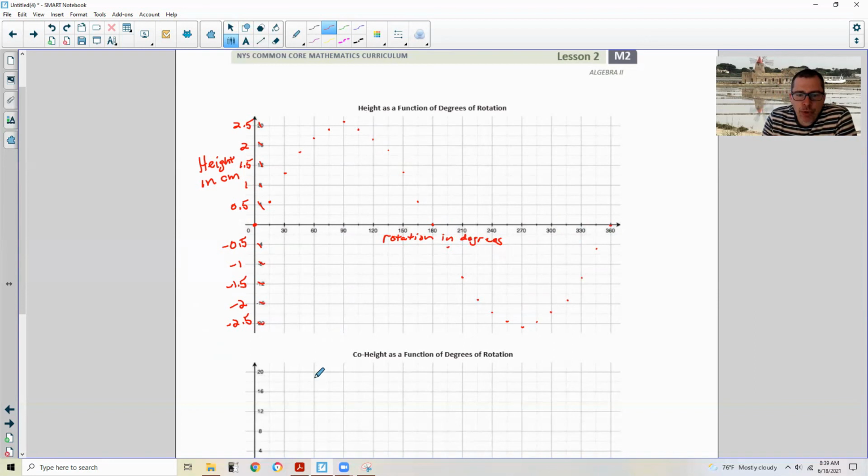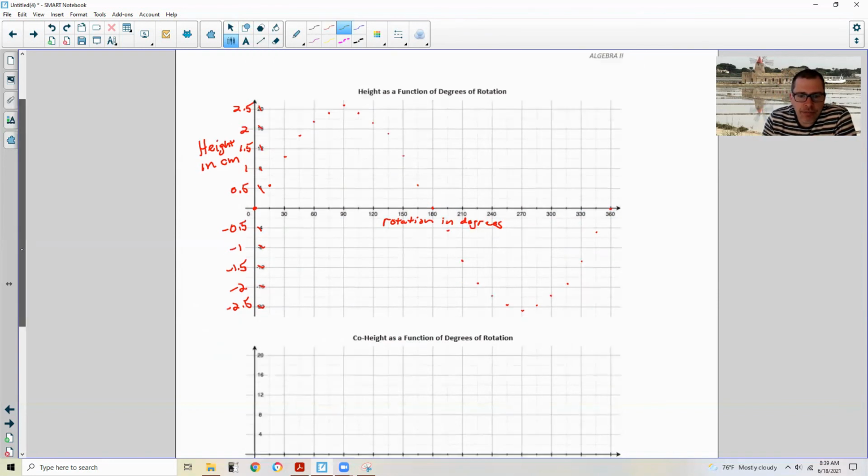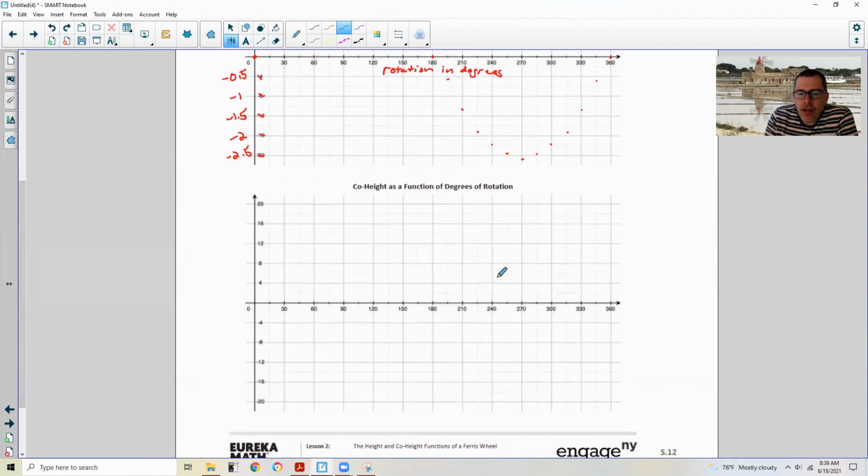Okay, so now we're going to graph the cosine function, in degrees. All right, so we're going to do the same thing. We're not using these values.